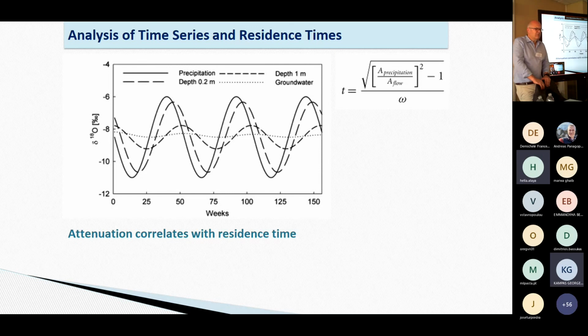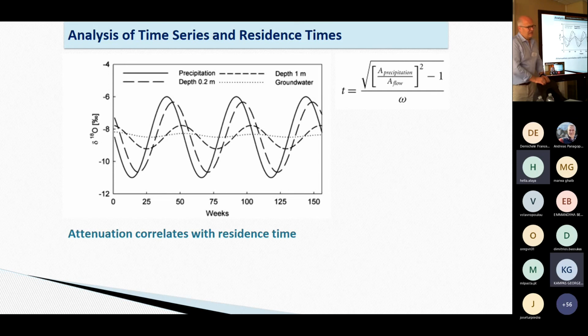Now, if the water would be very, very young, actually just a couple of days old, your borehole would show these variations. It will actually reflect the seasonal variation. If it gets older, two things happen. First of all, there will be a shift in the isotope signal.